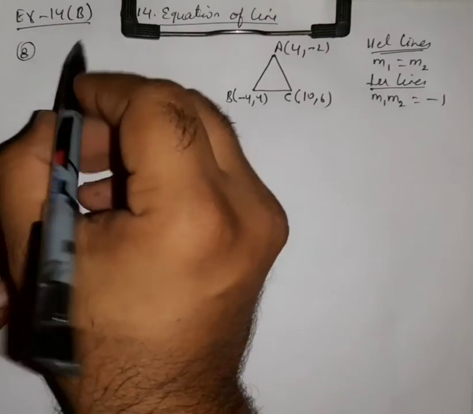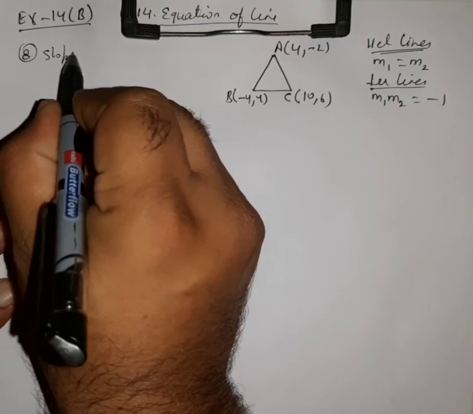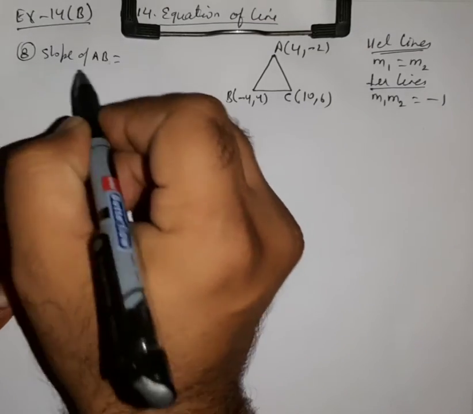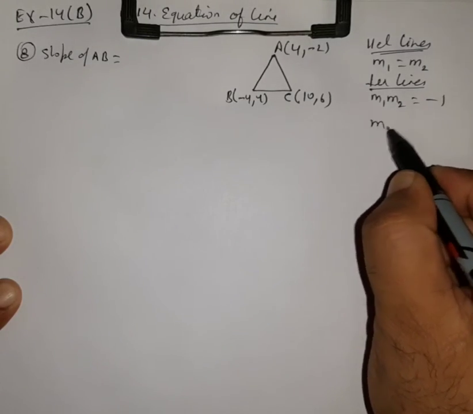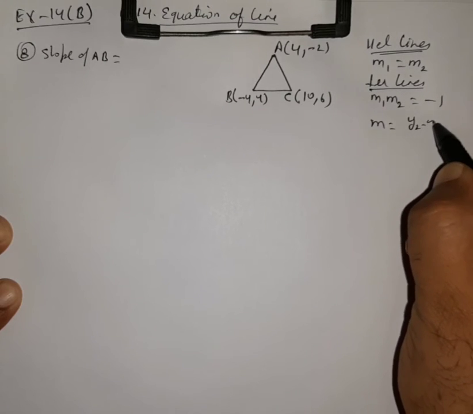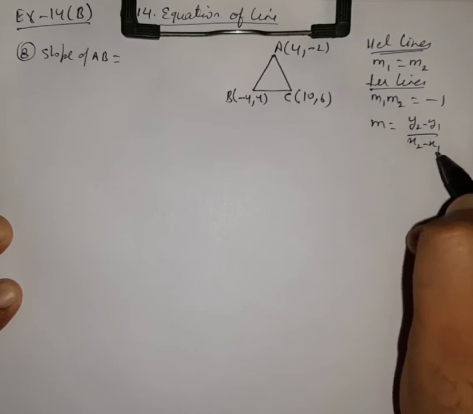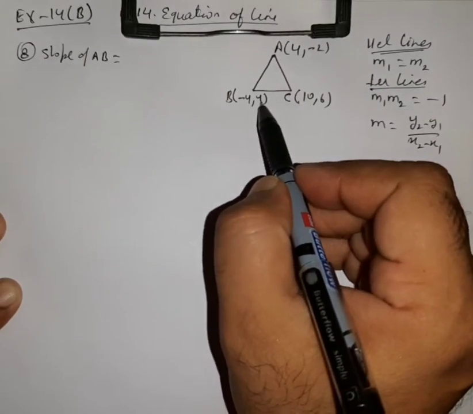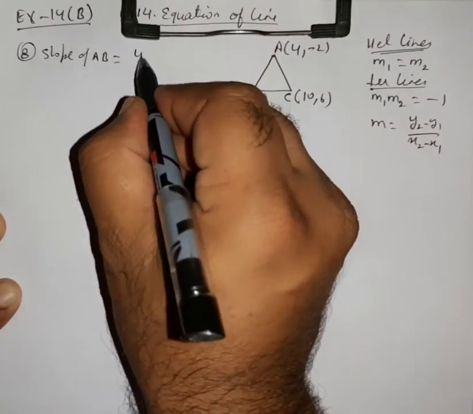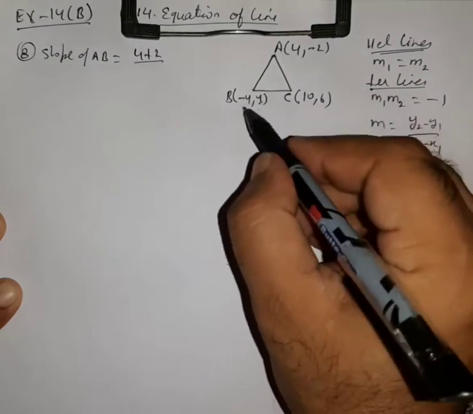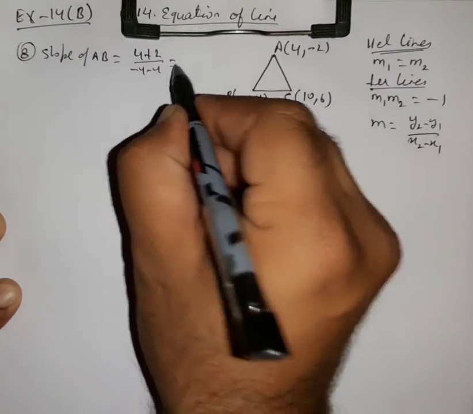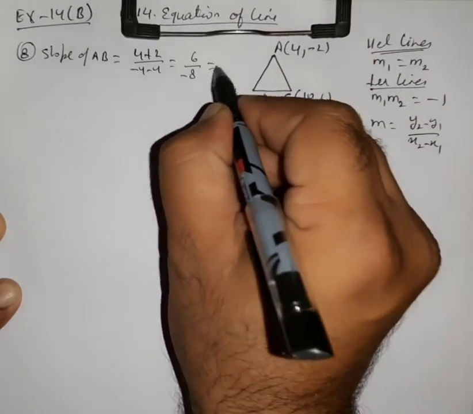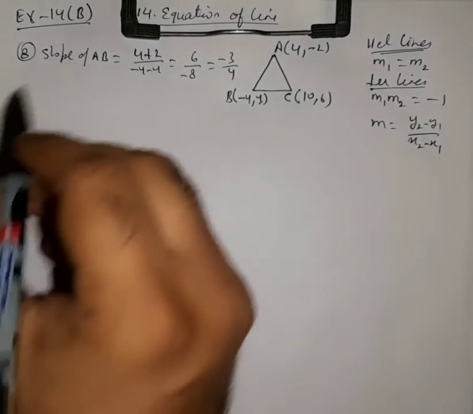Then the slope of AB, so we have also seen this formula, the slope will be equal to y2 minus y1 over x2 minus x1. So I'm using this relation here. The slope of AB will be equal to 4 plus 2 over -4 minus 4. So that is equal to 6 over -8, means -3 over 4.